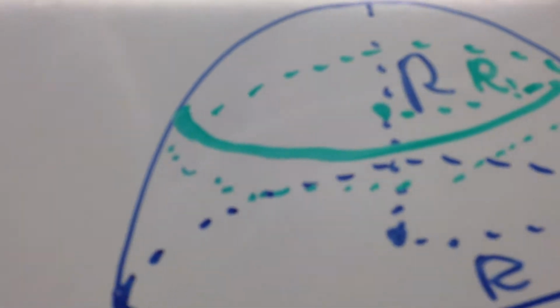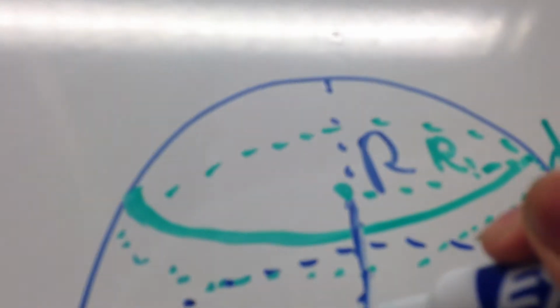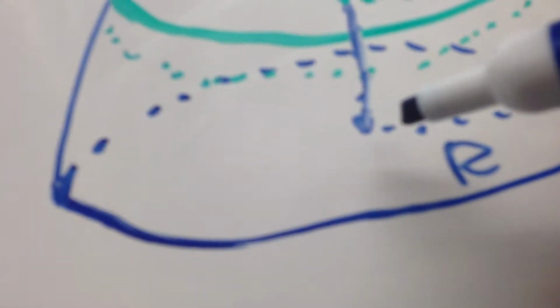So here is the big circle, and this is R. You can see a pattern already. If the center of the disk is connected to the center of the circle, they must be at the same height. So let's say the height between the base of the circle and the disk is x.